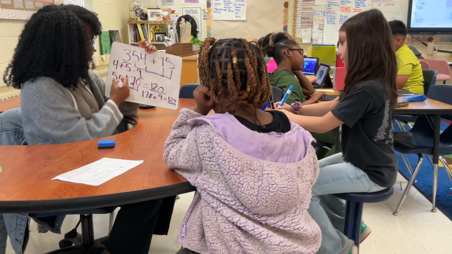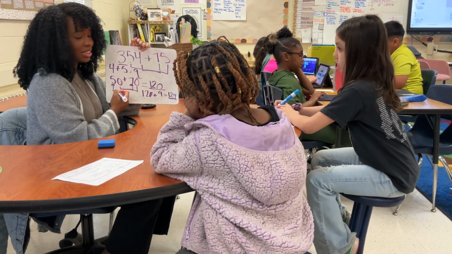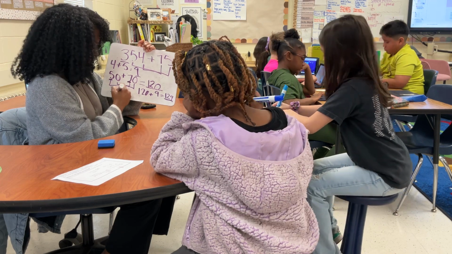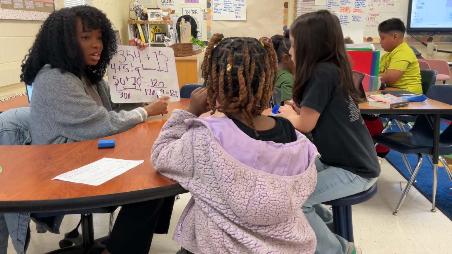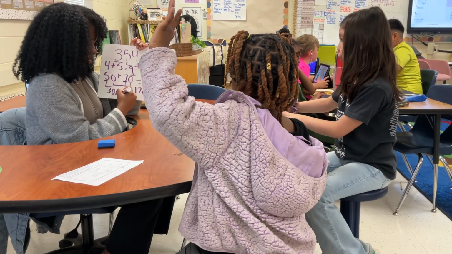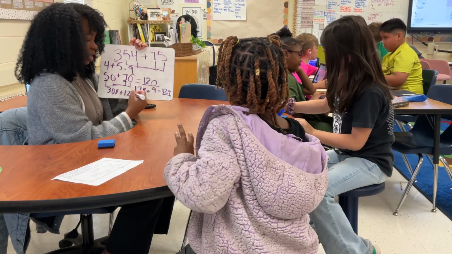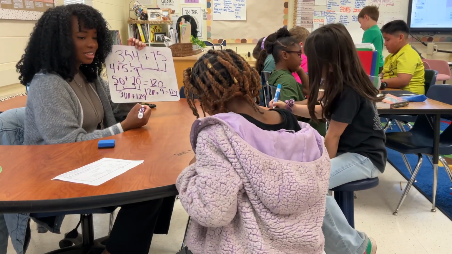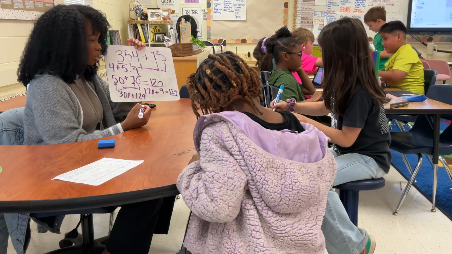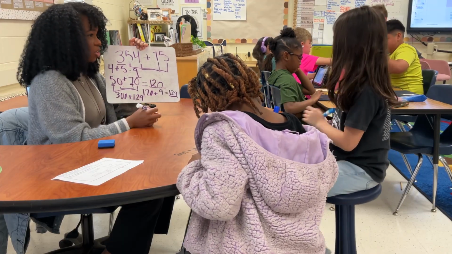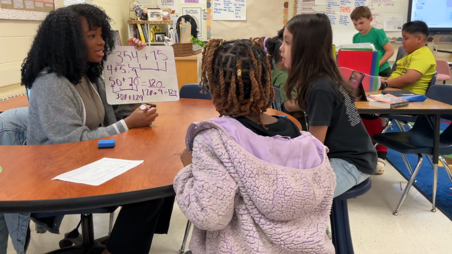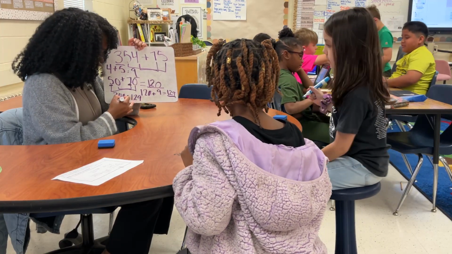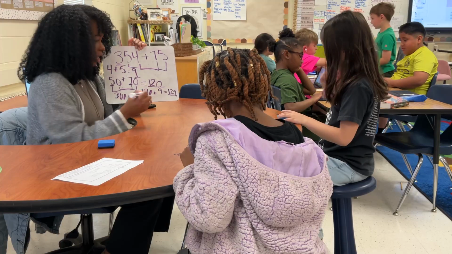So how many hundreds are right here? 300, right? And then what about over here? 129, right? That we have to add because we're adding our hundreds place. So did we make a 10 or did we make 100? 100. So go ahead and add 300 plus 129.